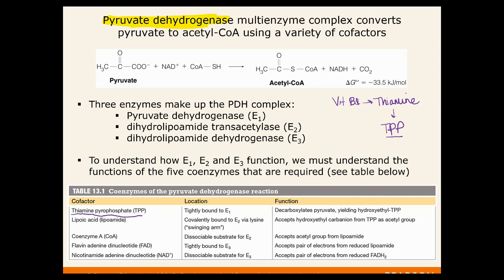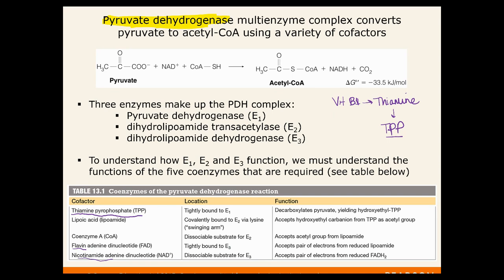Okay. See here, FAD, we already talked about how riboflavin, vitamin B2, and niacin for NAD. So I'll just keep pointing out the vitamins, how they play really important roles in the enzymes, even though they're not the substrates themselves. Okay.